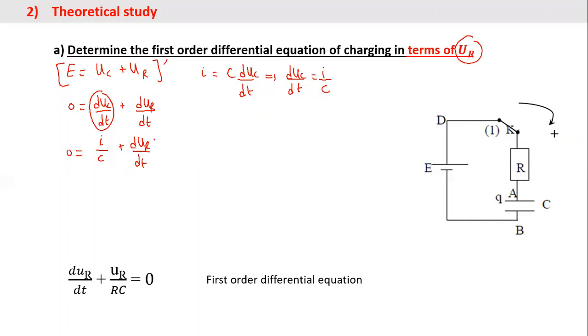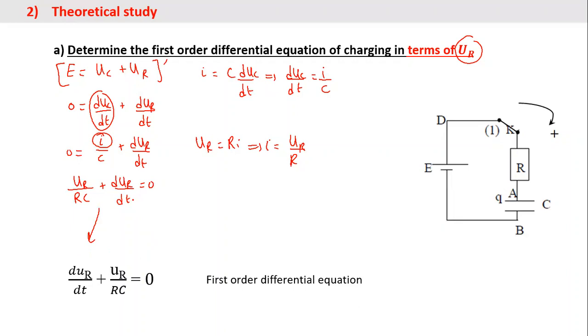But I want it in terms of UR, so we can say here UR equals R times I, which means that I is equal to UR over R. So I can substitute and we'll get UR over RC plus duR by dt equal to 0. And here we get the first order differential equation in terms of UR.